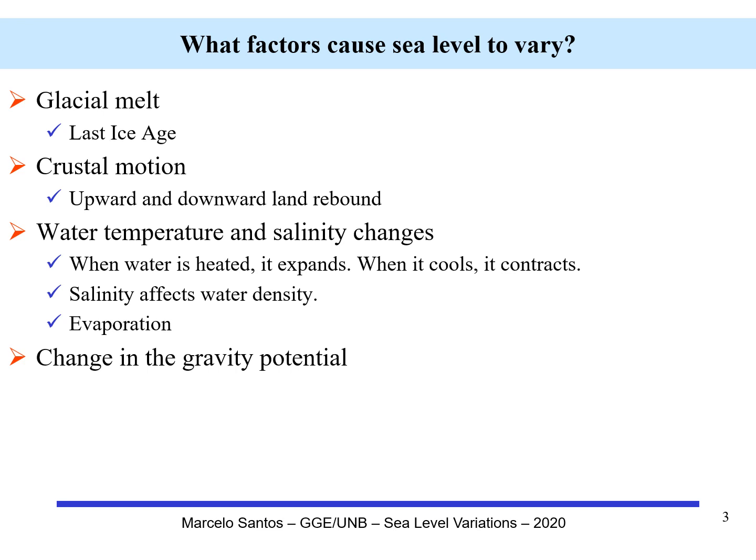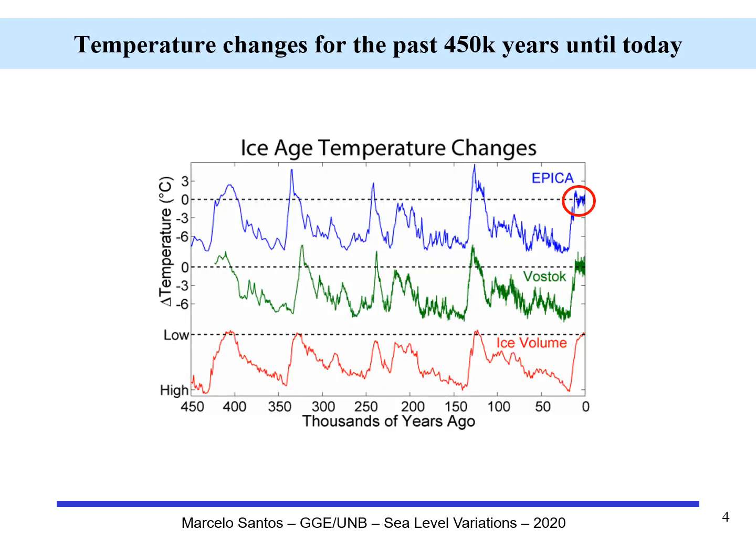Add to that the sinking of the sea floor under the weight of so much added melted water. All this redistribution of mass resulted in a change of the gravity potential, altering the geoid and henceforth the sea level.